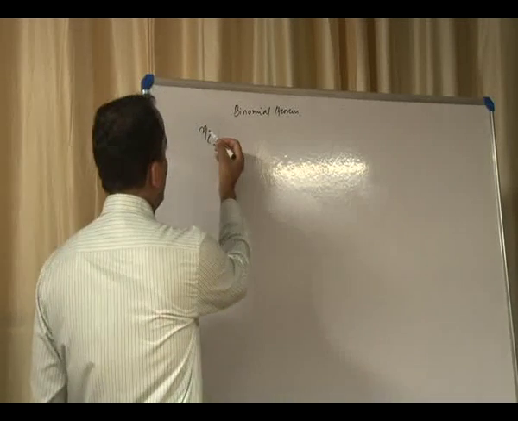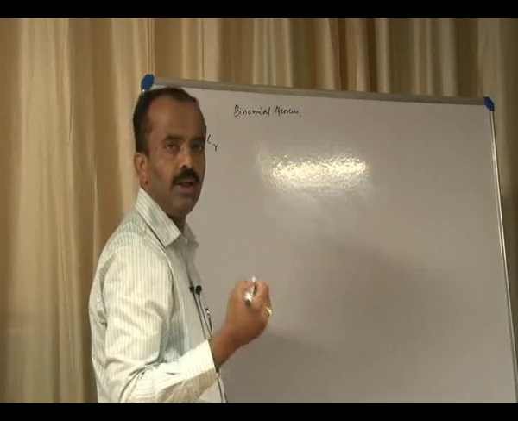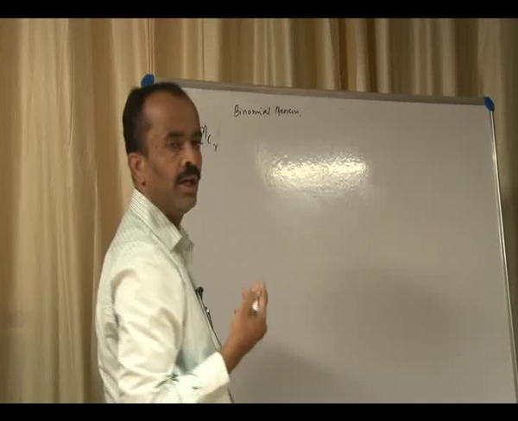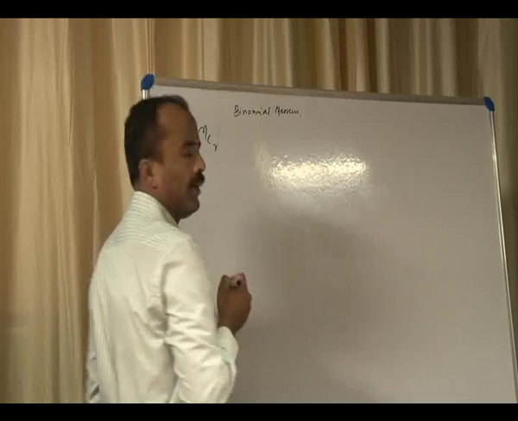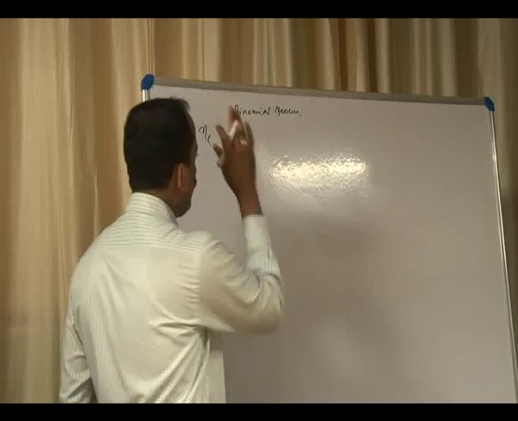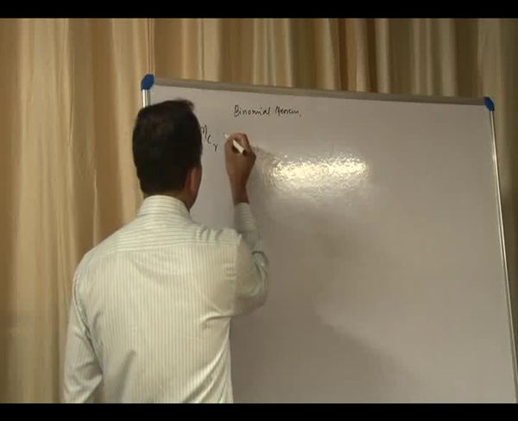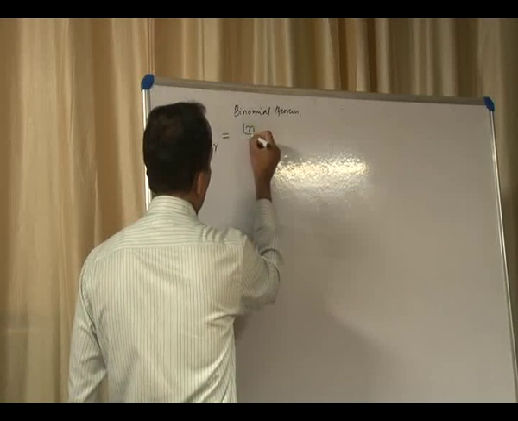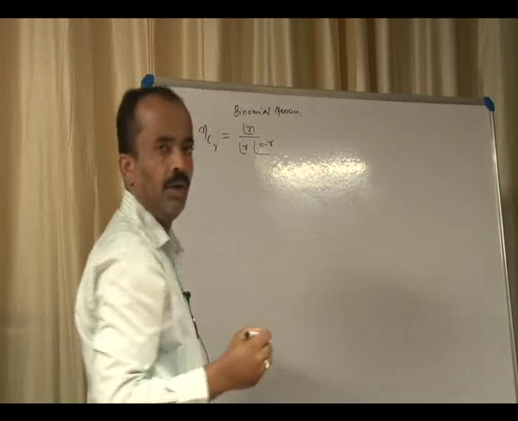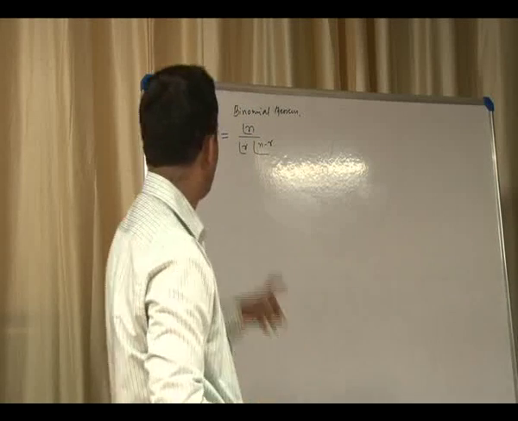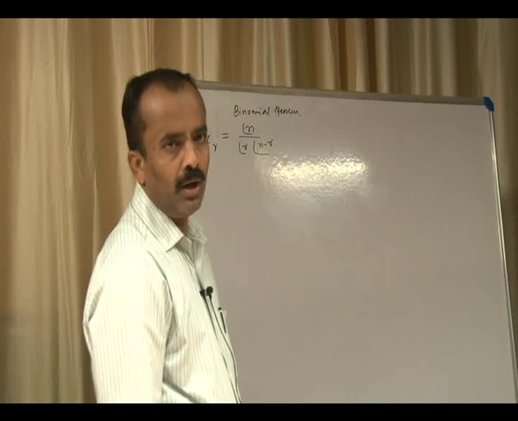It is n number of objects arranged r at a time. nCr is equal to n factorial divided by r factorial into (n minus r) factorial.